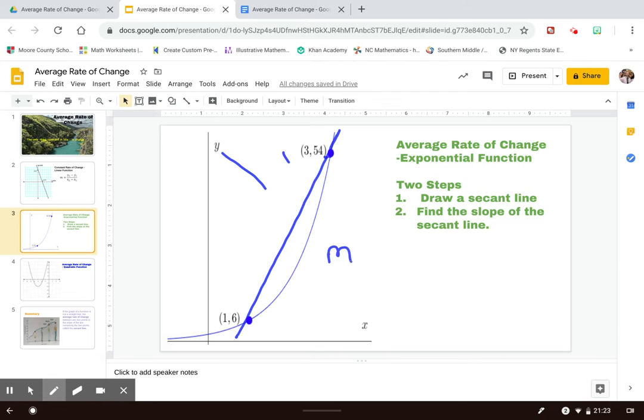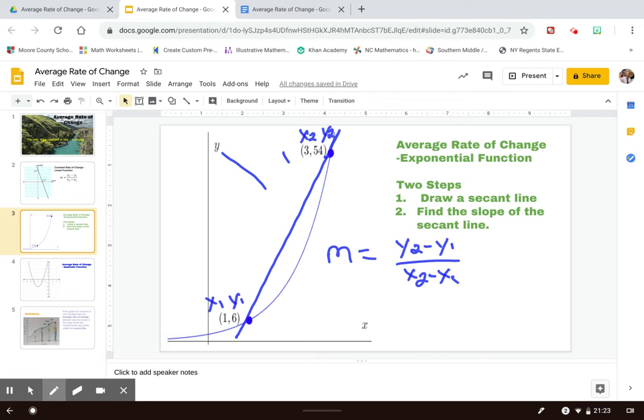So I'm going to use my slope formula, m equals y2 minus y1 over x2 minus x1. Again, if I label my points, here's x1, y1, x2, and y2.